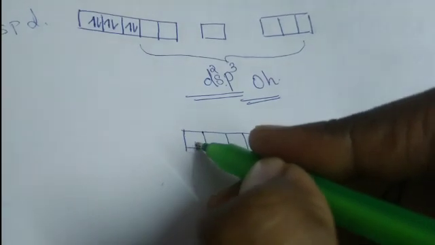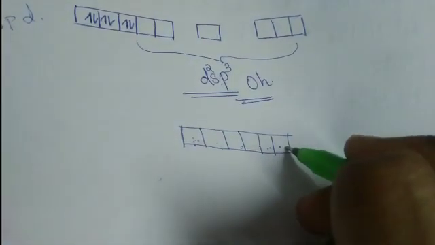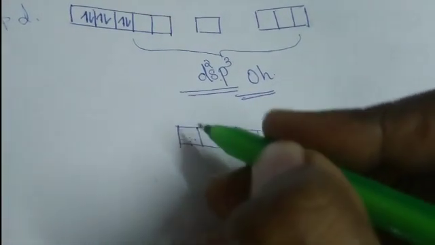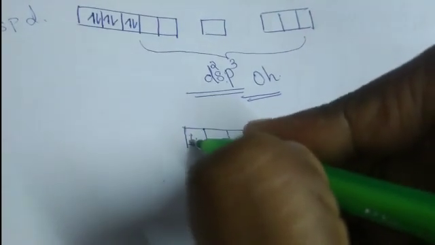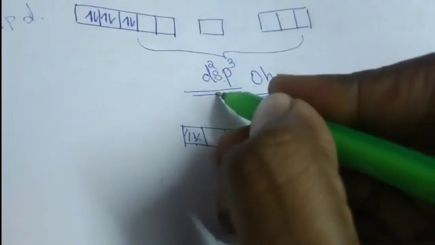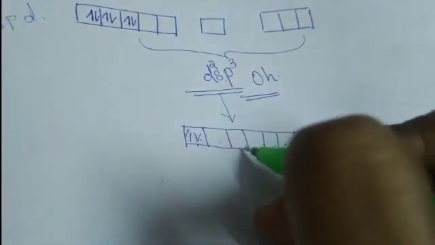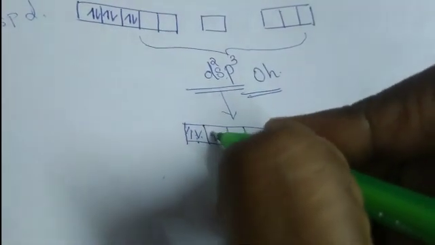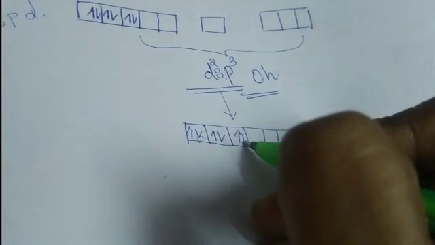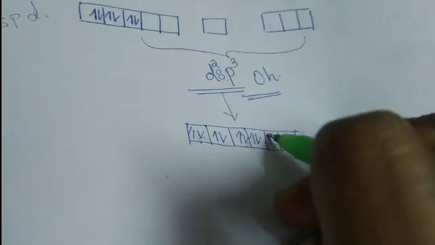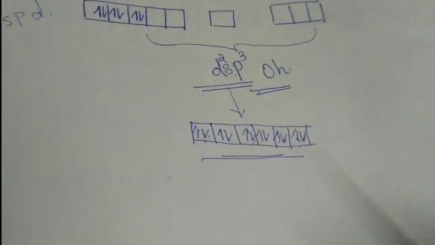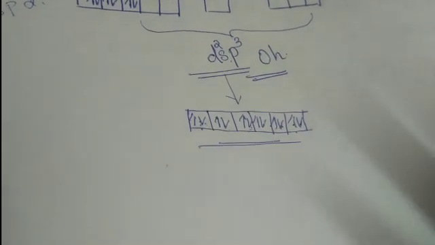And here the electrons, who will give these electrons? The ammonia ligand will give electrons. This is the d2sp3 hybrid orbital, and the electrons will come from the ammonia ligand. Okay, so this is how the hybridization occurs.